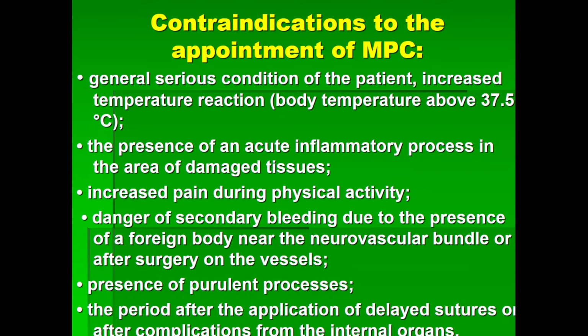Increased pain during physical activity. Danger of secondary bleeding due to the presence of a foreign body near the neurovascular bundle or after surgery on the vessels. Presence of purulent processes. The period after the application of a delayed suture or after application to the internal organs.